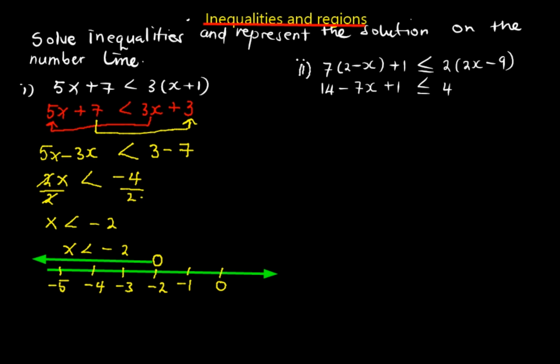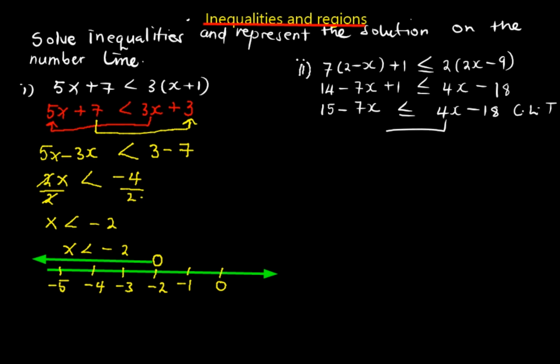That is 4x, minus, what is 2 times negative 9? That is negative 18. So 14 plus 1, that is 15, minus 7x, everything is either less than or equal to 4x minus 18.